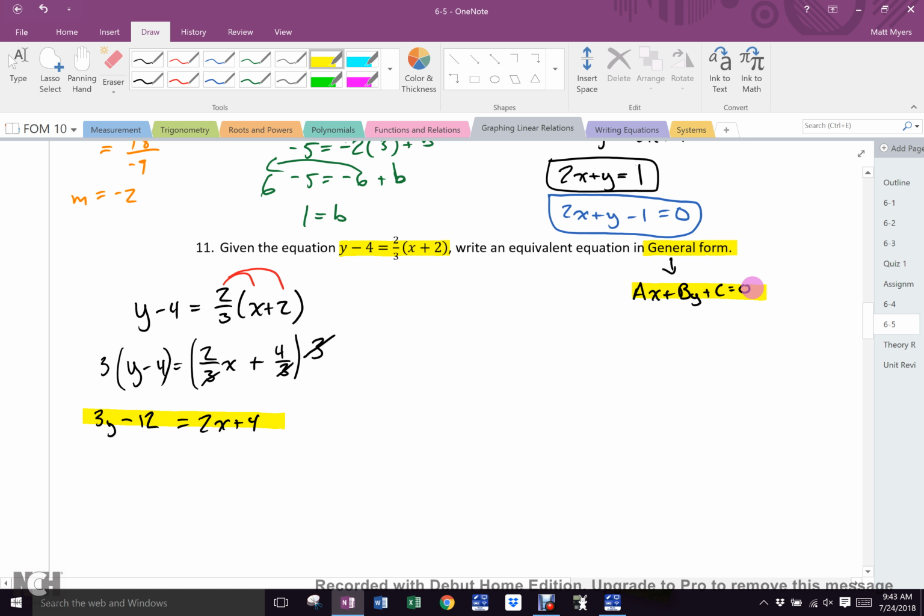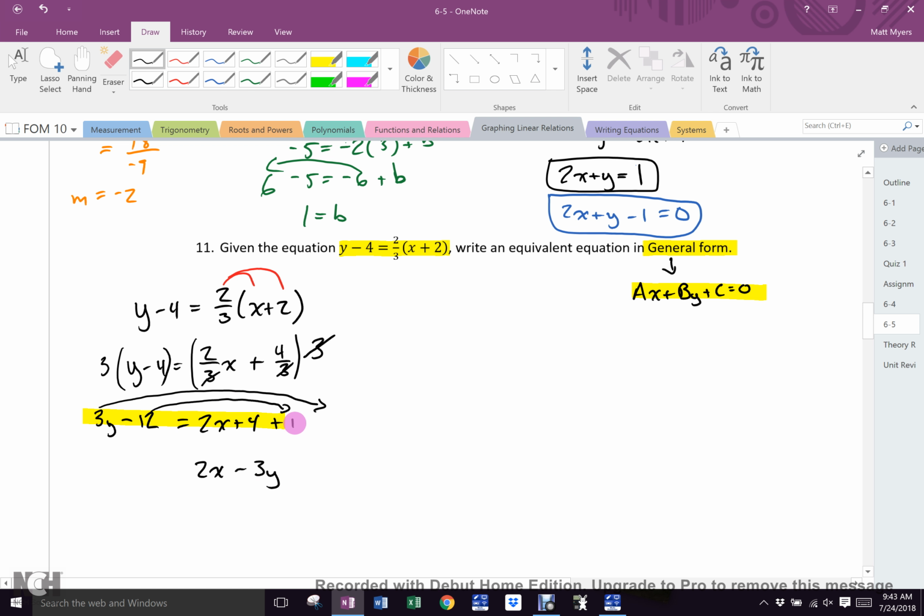Now, are we getting pretty darn close to that? What do I need to do? I just got to move everything to one side. But x has to stay positive. So is x positive right now? So should I touch x? No. X is going to stay right where he is, which means everything else moves. What happens when this 3 comes over the equal sign? It comes negative 3y. What happens when this 12 comes over the equal sign?